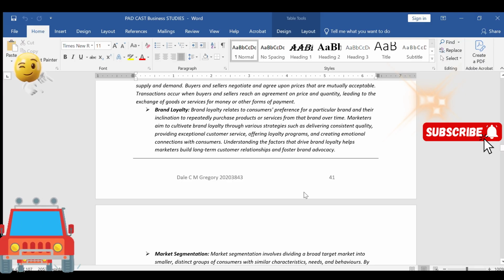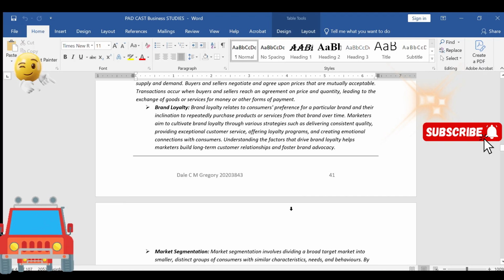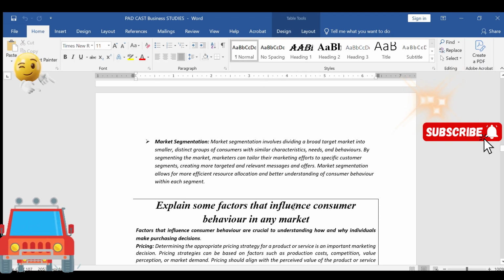Understanding the factors that drive brand loyalty helps marketers build long-term customer relationships and foster the brand.